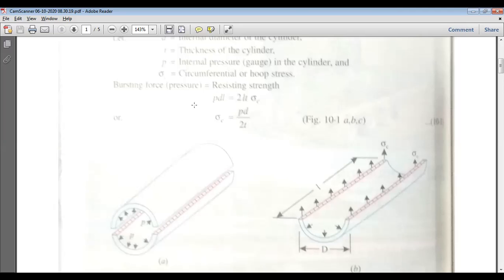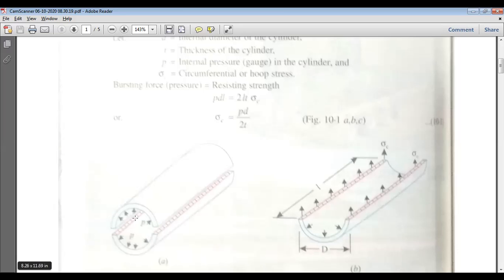This will be the outward pressure. At the same time, the vessel will also apply an equal and opposite force in order to keep a balance. So this is the resisting strength of the shell, which can be taken as twice L t into sigma C.